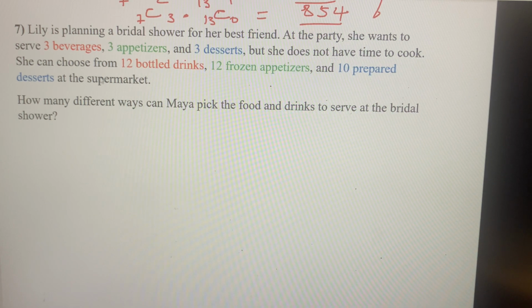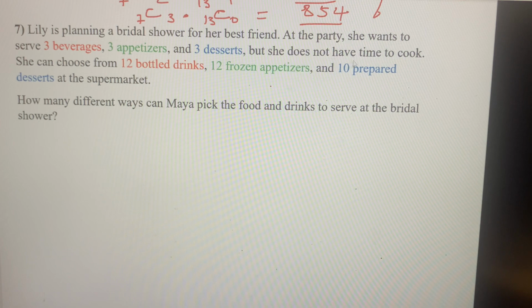Lily is planning a bridal shower for her best friend. At the party she wants to serve 3 beverages, 3 appetizers, and 3 desserts. But she does not have time to cook, so she can choose from 12 bottled drinks, 12 frozen appetizers, and 10 prepared desserts at the supermarket.